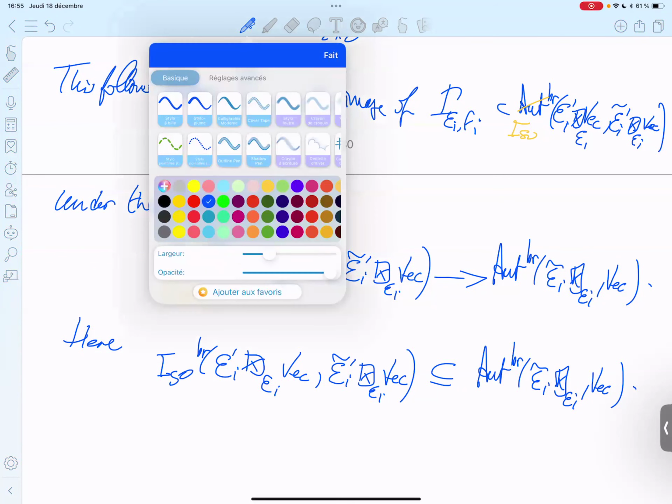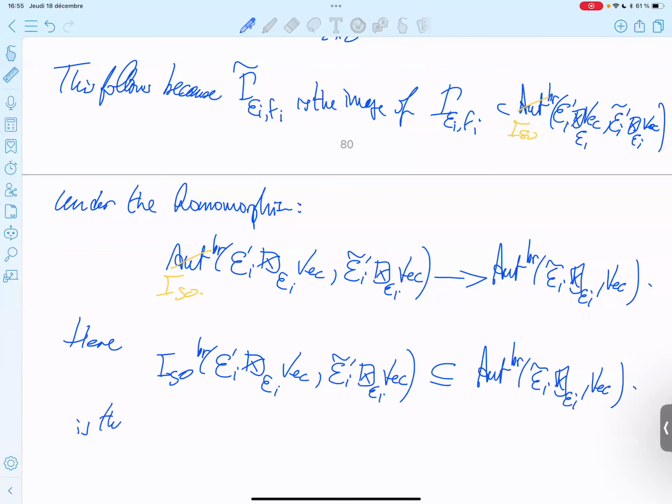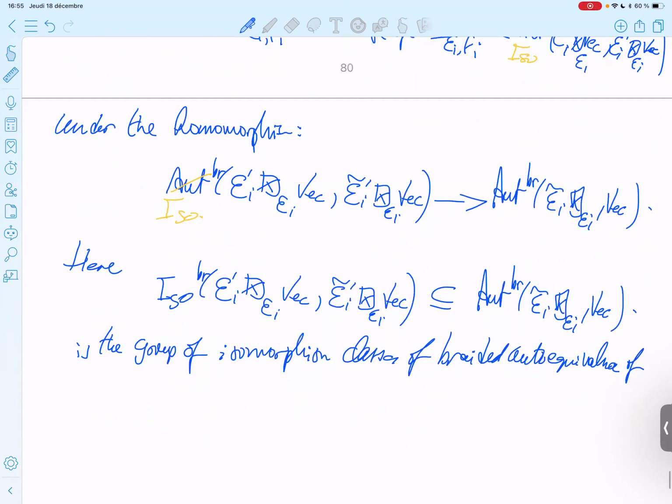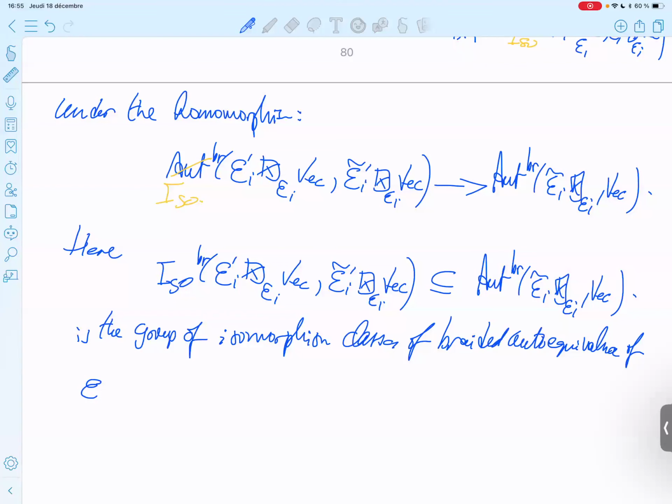Is the group of isomorphism classes of braided auto-equivalences of E. Maybe that's why I wrote this notation.